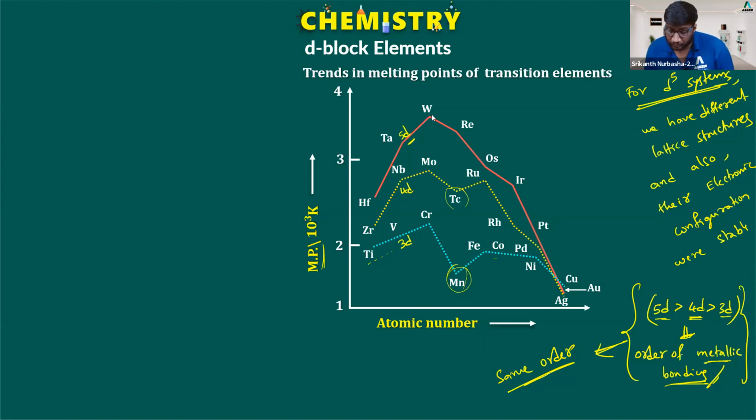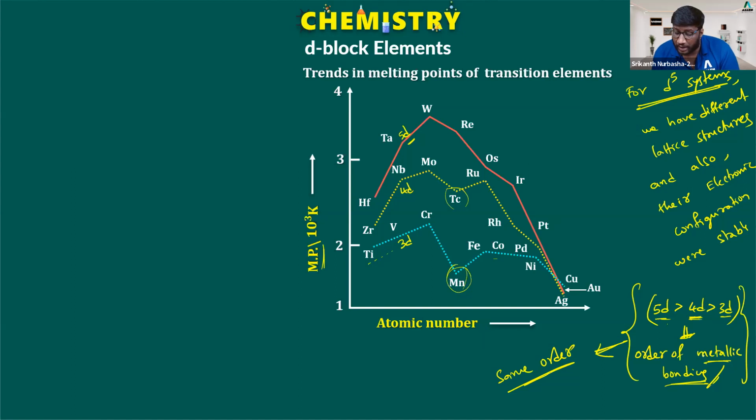Listen carefully. For a 5D series element, we have more metallic bonding compared to 4D. For a 4D series element, we have more metallic bonding compared to 3D. Because for 5D, electrons are easily lost. That means the metal kernel attracts the electrons easily.